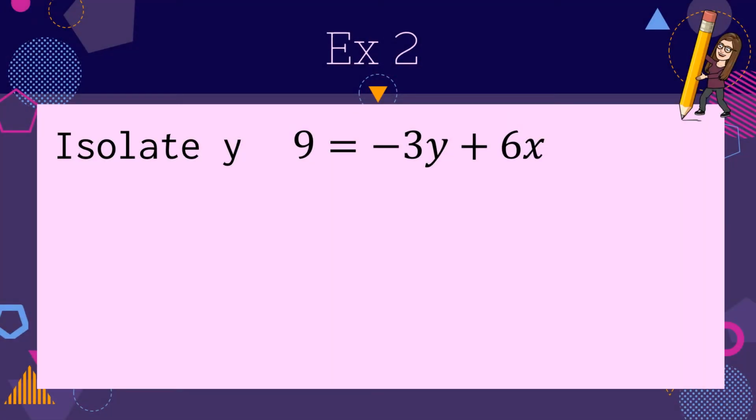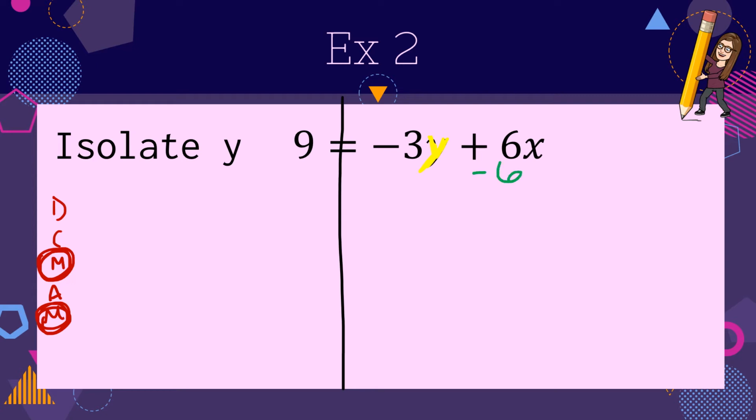Let's try another one. We're going to draw a line down the equal sign. Our goal is to isolate y. Now, in this particular lesson, when I talk about my 5 solving steps, guess what? We're going to try to keep it to move the variable and multiply or divide. So let's jump straight to move a variable. Instead of a positive 6x, the y stays, so don't move that.